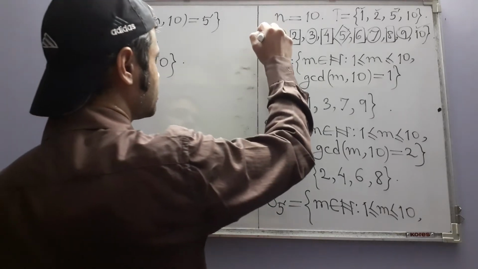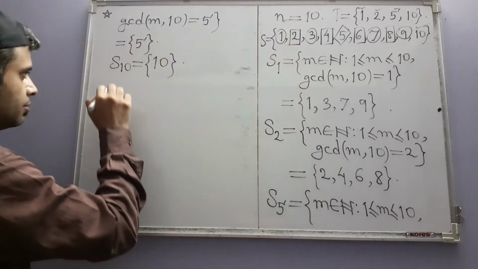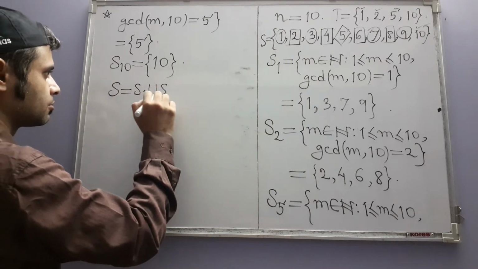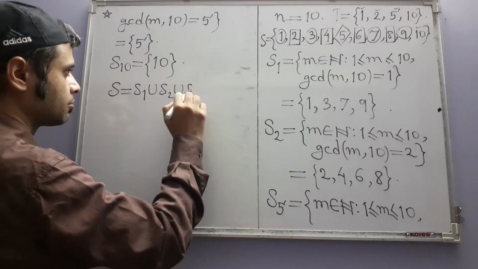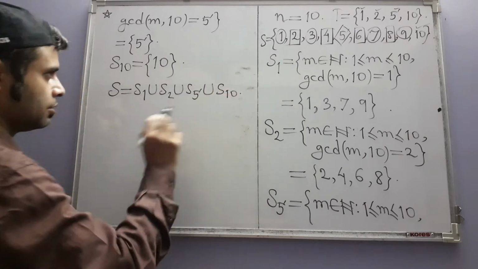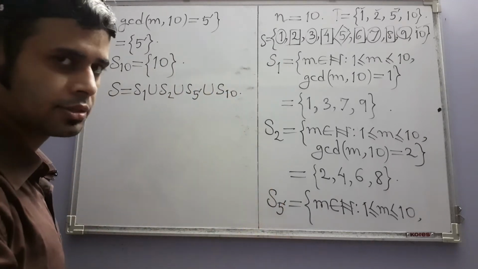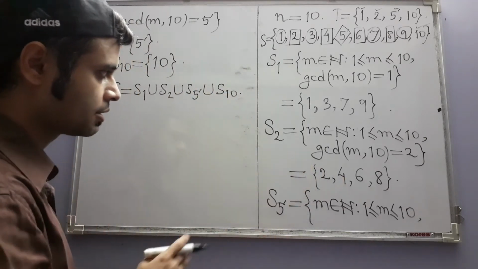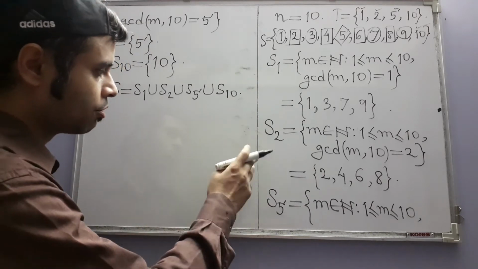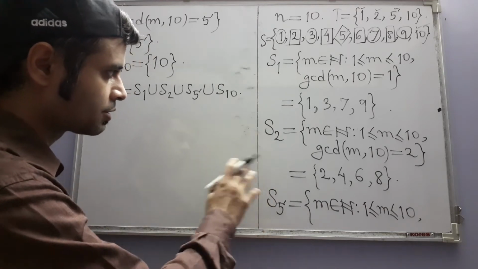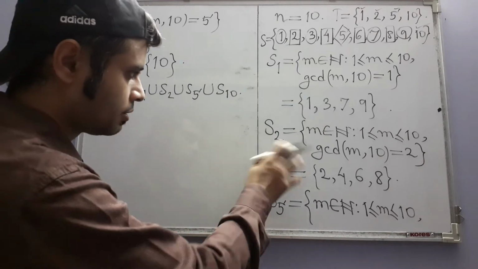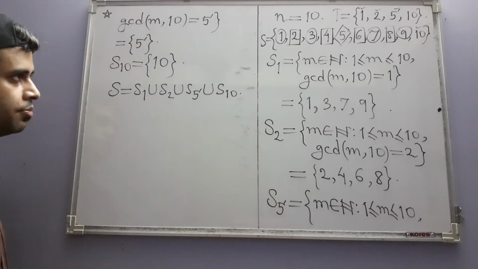If we call this set say S, then S is the union of these sets, and by looking at the elements you can clearly see that these sets are mutually disjoint. That is, no two different sets from among these 4 sets have any intersection. I mean, their intersection is the empty set.